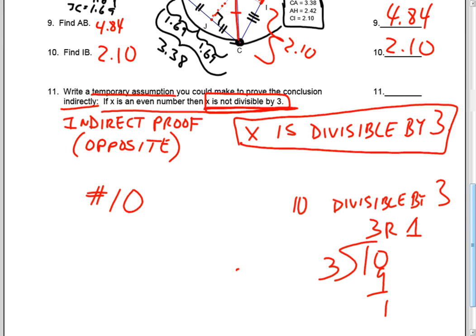This problem just wanted you to tell what the first step was. And that will be part of your test. You'll have a part 2 that won't be multiple choice, that will be on all proofs. And you might just have to recreate the first step in an indirect proof. And the first step is taking that conclusion and assuming the opposite, or assuming that x can be divisible by 3.